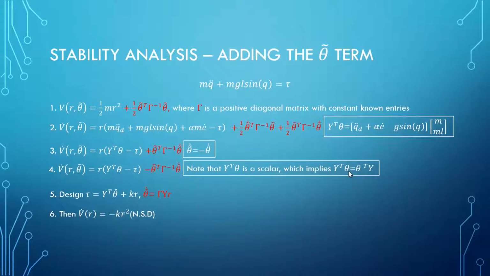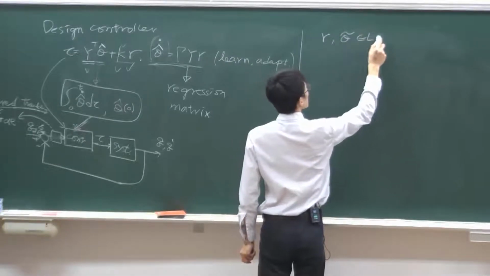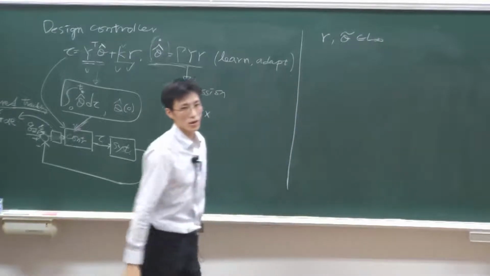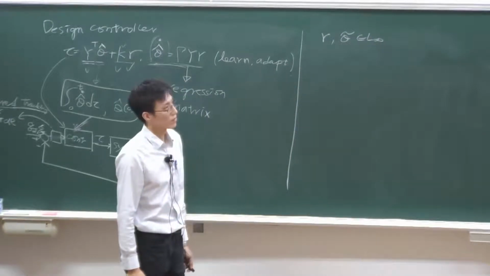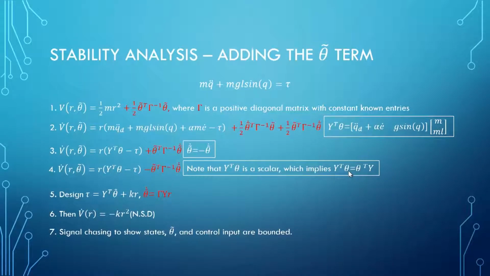And here we say V is positive definite, but V dot is negative semi-definite. But you can use Barbalat's lemma to show that R will eventually converge to 0. According to 6 and 1, we can show that both signals R and theta tilde are bounded, because V is bounded, because V dot is negative semi-definite.